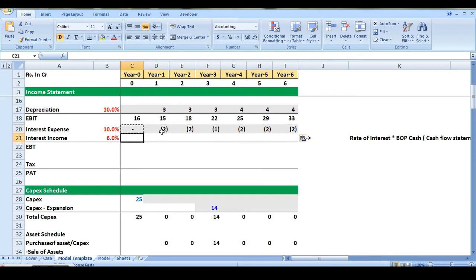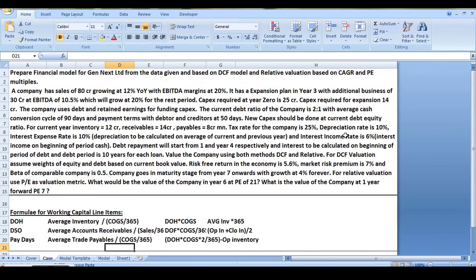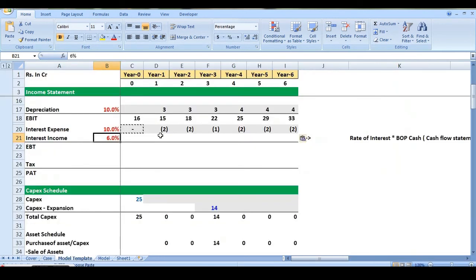Next is interest income. In case of interest income, it is given to us that it depends on the beginning of period cash balance, which we have not yet calculated. So we will keep that line blank and we will calculate the EBT as EBIT. Normally it is minus interest expenditure plus interest income, but in this case interest expenditure is also given to us as negative.